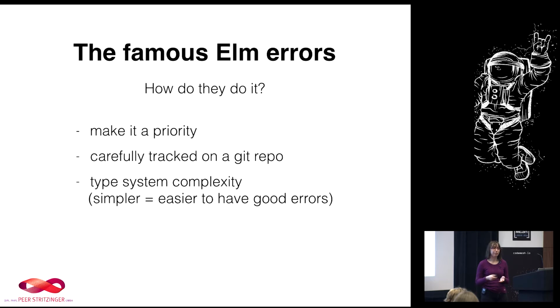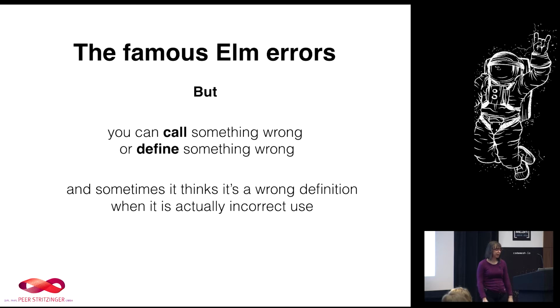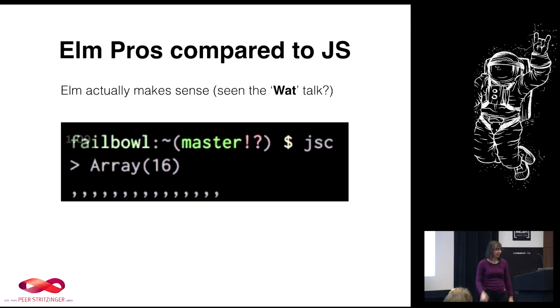So it's easier to have good errors if your type system is not that complex. But in my experience, in 0.16, it might be fixed now, I don't know, if you have a big program and you're calling something a bunch of times in different places, if you get the types wrong in one place, it will tell you the definition is wrong. So then you have to fish for all the places where you used it, which is less than ideal, but it's not a big thing.